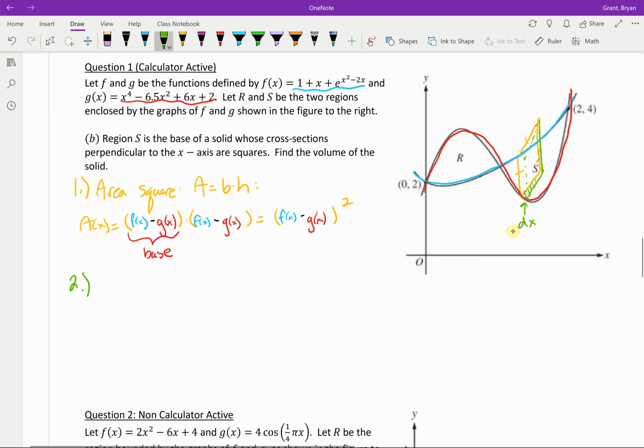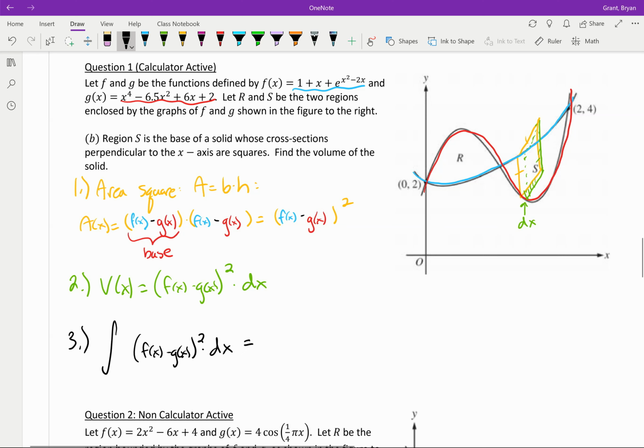So my volume formula, my v of x formula, then is going to be f of x minus g of x, which is the area function, times our third dimension, which is dx. All right, so let's finish it off. We need to find the volume. That's the integral of f of x minus g of x squared dx from something to something. Well, let's see. It's this point, this x value here.